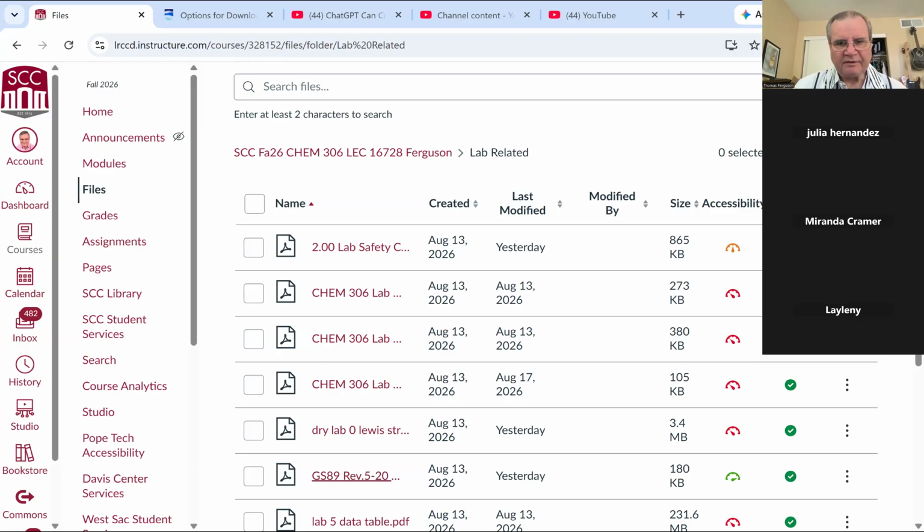Another reason to show up for lab is to sign the attendance sheet. And that's on the absences from lab, that's wet labs. Yes, we have lab today.